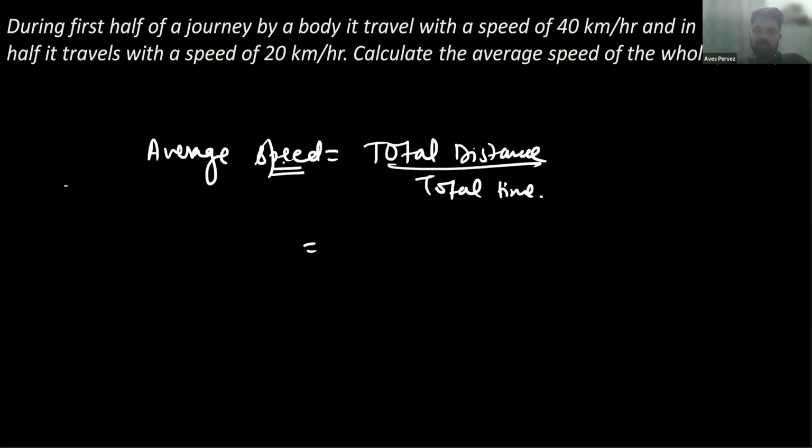Now, let's suppose I'm saying, what is the average speed calculated if you travel 30 kilometer this way, then 20 kilometer this way, and then 40 kilometer this way, and you take only 1 hour, then 0.5 hours, and then 2.5 hours.